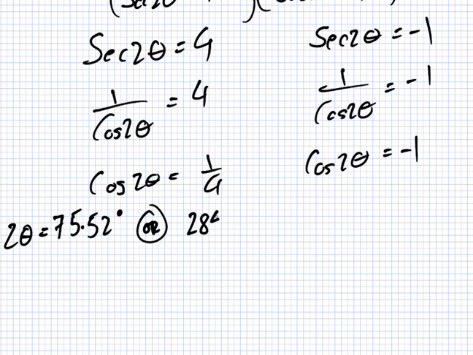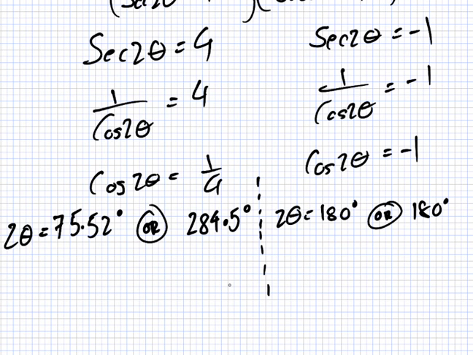That's right, 360 minus the first answer. And then here you have 2 theta equals cos inverse minus 1, which is 180. And then what's the second answer? Well, 360 minus 180, so it's also 180. So we make the extra answers. Then we simplify. In fact, we'll worry about the 180 business at the end.